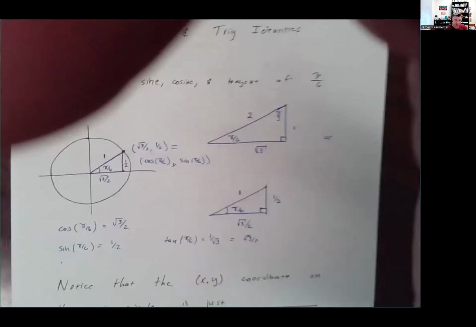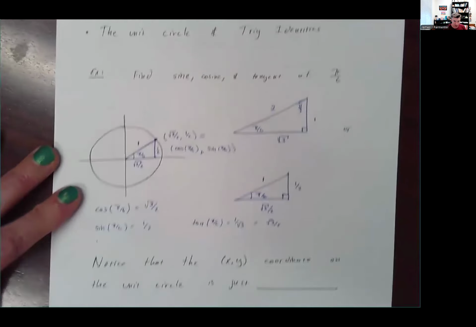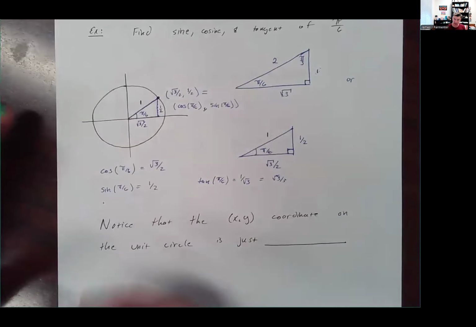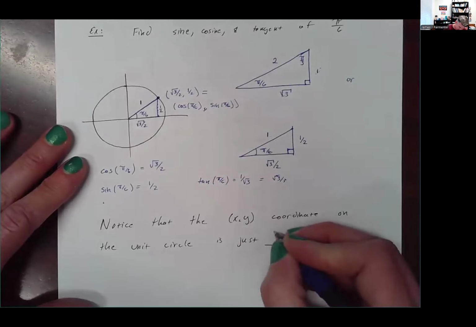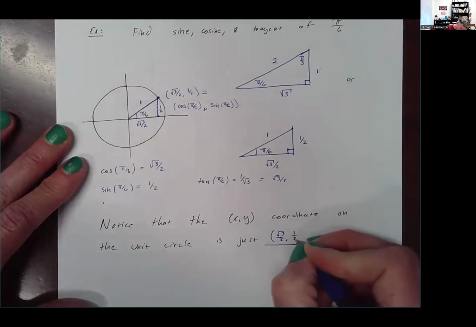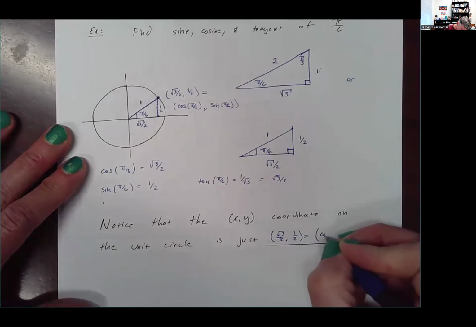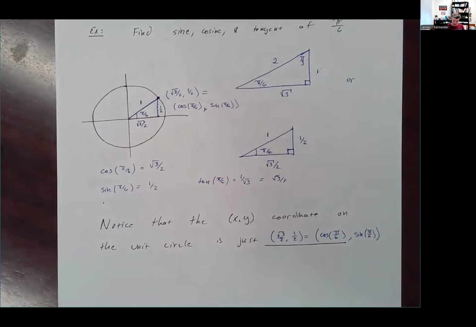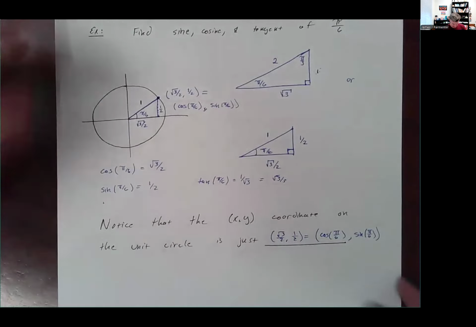Notice that the xy coordinate on the unit circle, the circle of radius 1, is just root 3 over 2, comma 1/2, aka cosine of pi over 6, comma sine of pi over 6. That's not a coincidence.